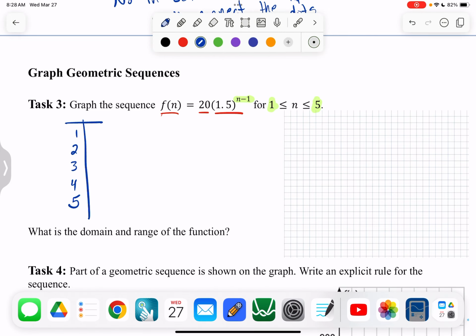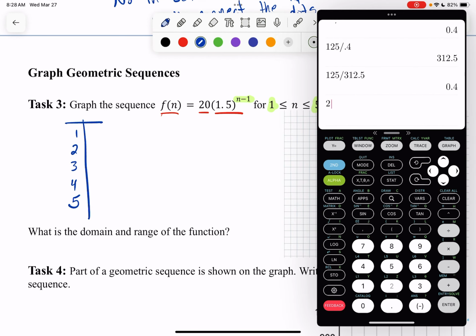So I can grab my calculator and take 20 times 1.5 to the 1 minus 1, which gives me 20, which makes sense because that's my first term. Okay, now we go ahead and do the second term. 20 times 1.5 to the 2 minus 1 gets me 30 because my common ratio there is 1.5.